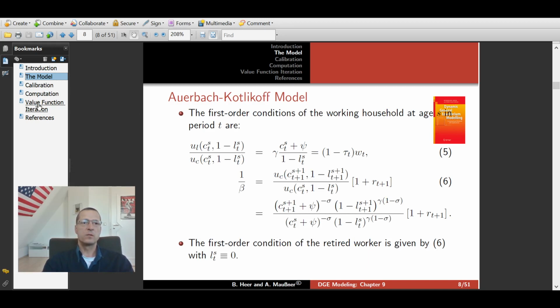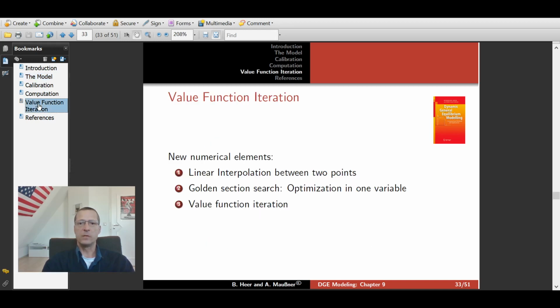Now let's get to value function iteration. Before I present to you the idea of value function iteration, we need to consider two additional elements that we will need.